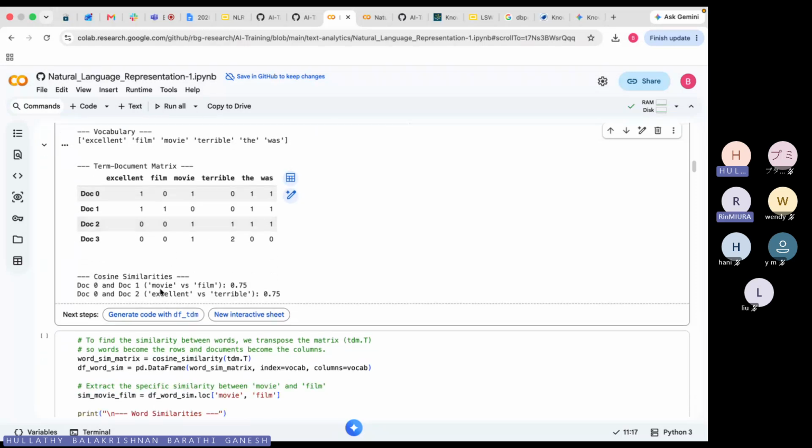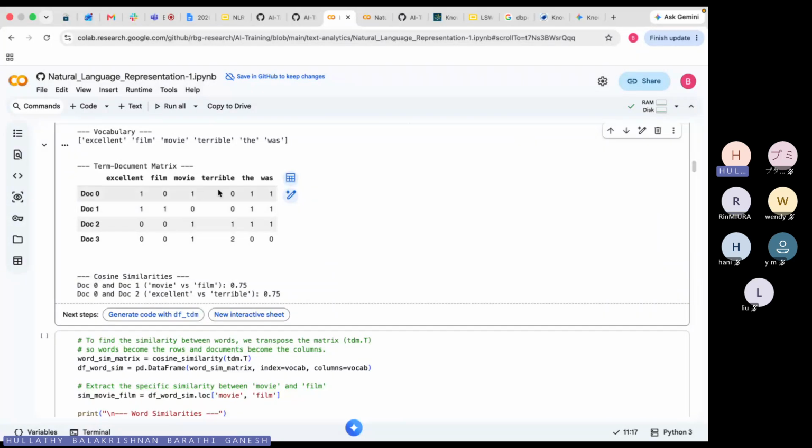If you see, document 0 and document 1 both have a similarity of 0.75. The same document 0, a positive statement, and the negative statement also have a similarity of 0.75. Because document 0 is the movie was excellent, and document 1 is the film was excellent.